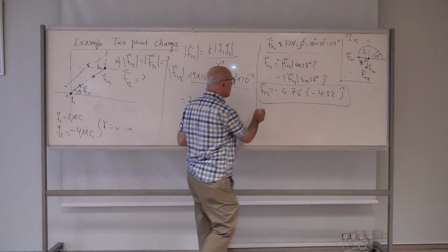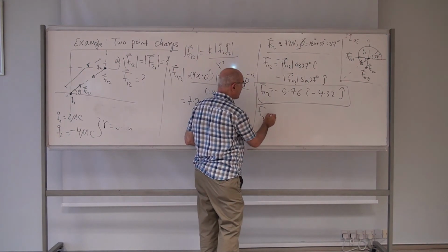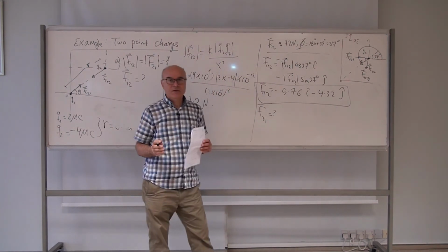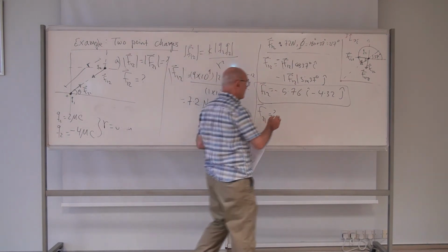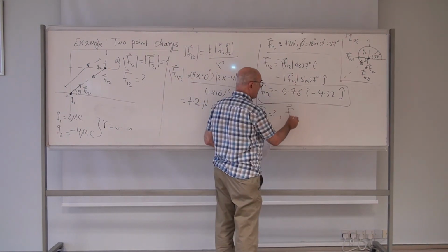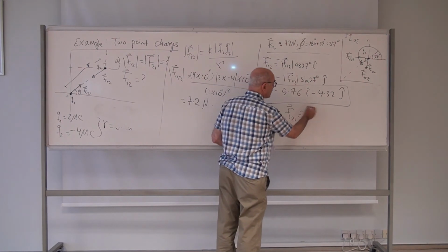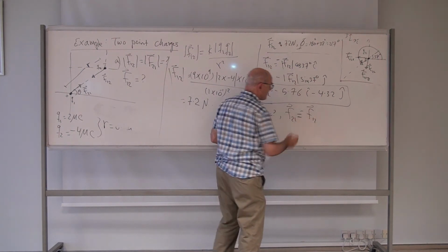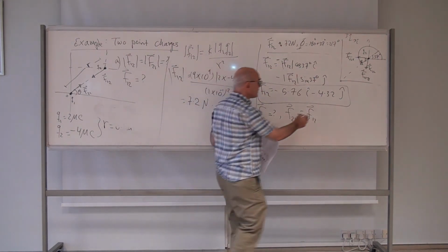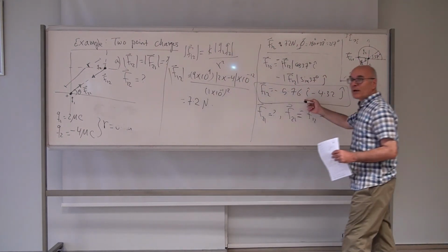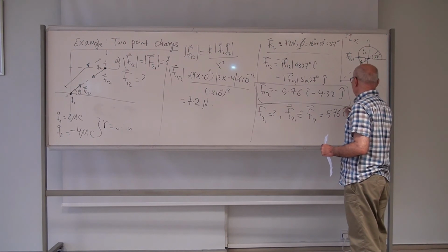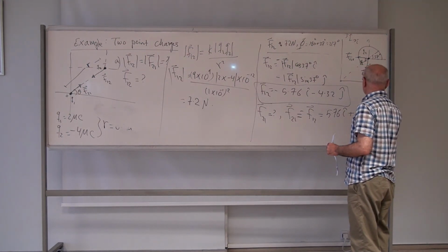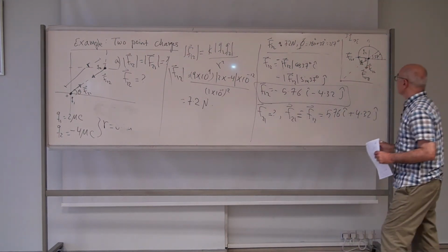Now, if somebody asks you, okay, then what is F21? Well, F21 in this case is just minus F12. Therefore, multiply this vector by minus 1, so it becomes 5.76 i hat plus 4.32 j hat.